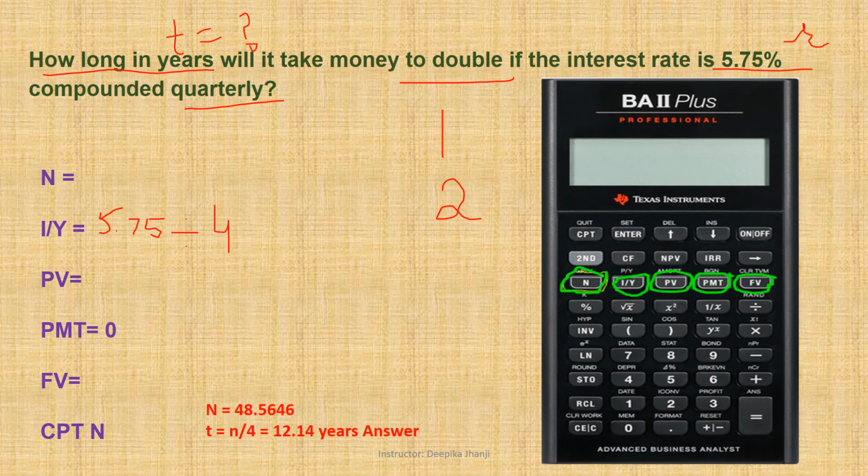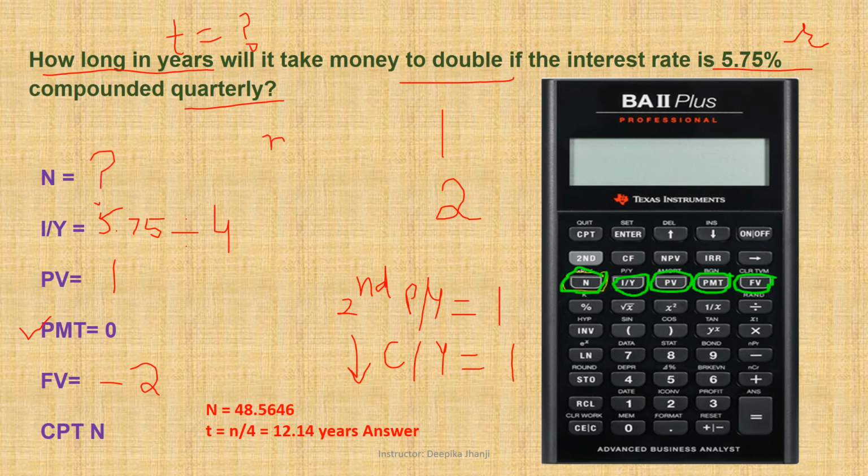Okay. Then PV is 1. FV is negative 2. One value has to be negative. PMT should be set at 0. And using the shift key, PY should be set at 1. CY should be set at 1. You can use arrow key to come down to CY. Okay. Then we need to figure out N, right?